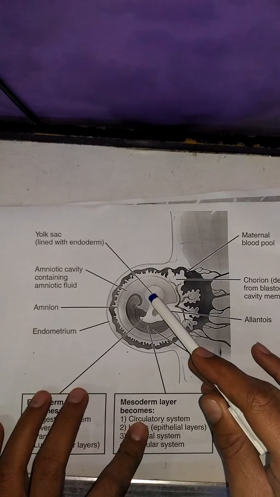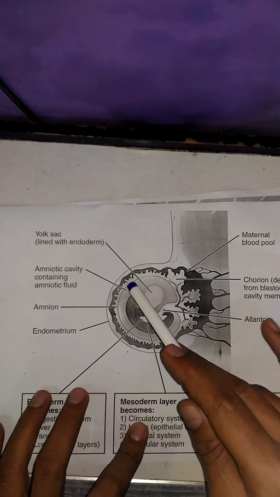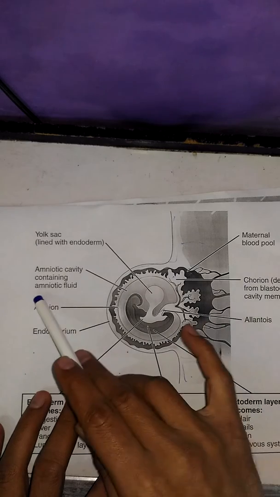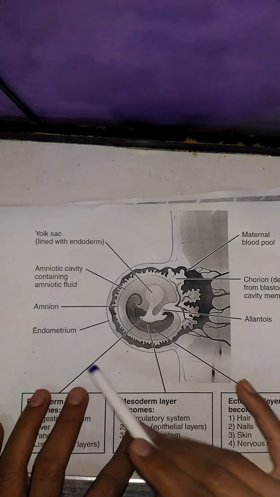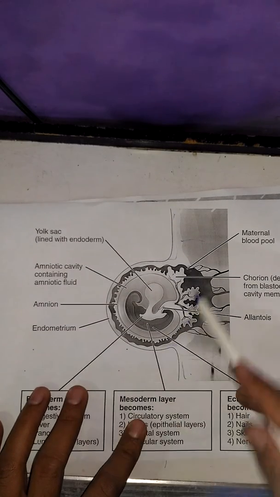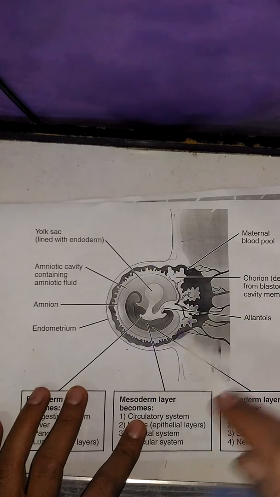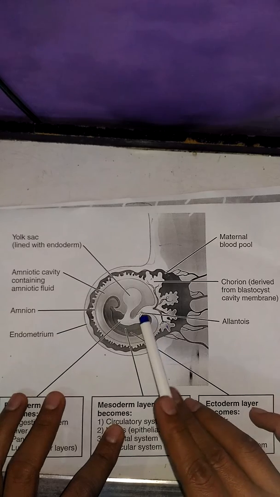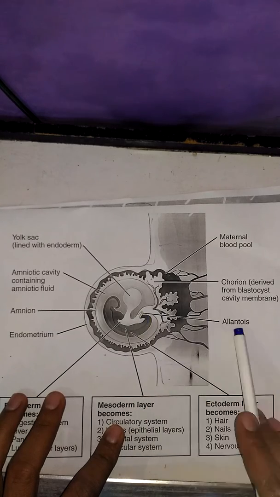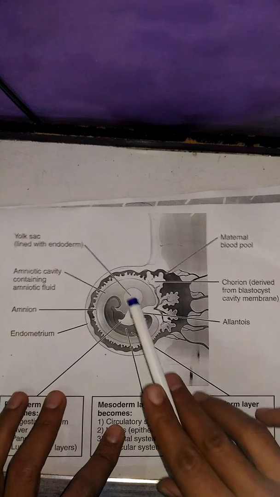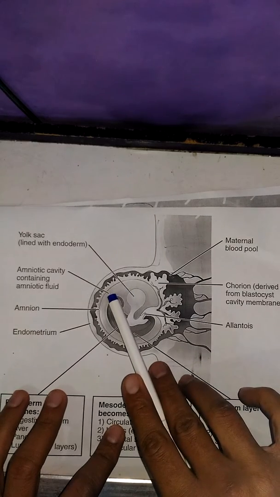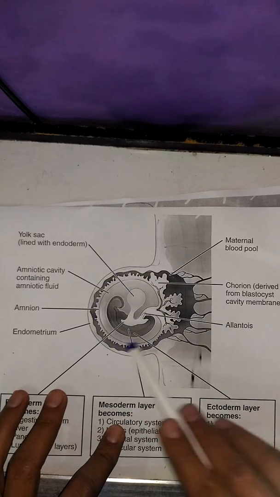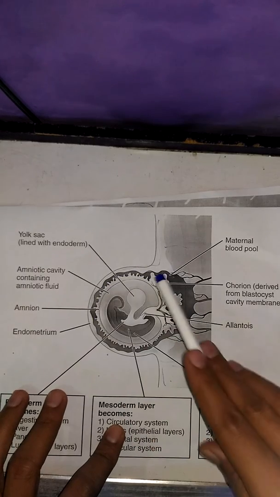This is a yolk sac. This is the amniotic cavity or sac containing amniotic fluid. And these villi are made from the chorionic sac. There is an allantoic sac as well. So we can find all four sacs: the allantoic sac, the amniotic cavity or sac, the yolk sac, and on the outer side, the chorionic sac.